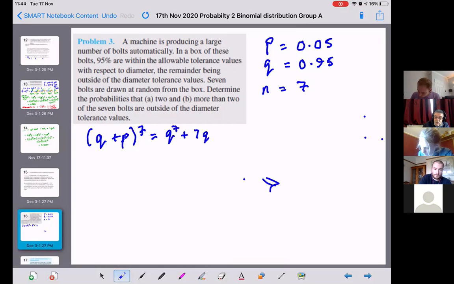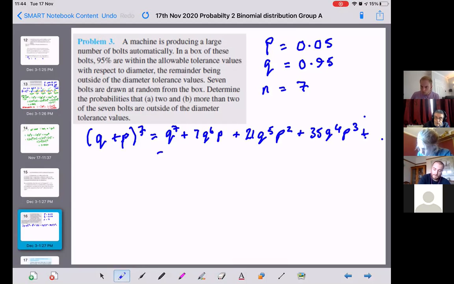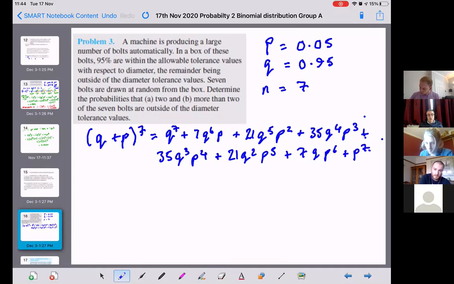That's going to be Q to the 7, plus 7 Q to the 6 P, plus 21 Q to the 5 P squared, plus 35 Q to the 4 P to the 3, plus 35 Q to the 3 P to the 4, plus 21 Q to the 2 P to the 5, plus 7 Q P to the 6, plus P to the 7. All agree with that?